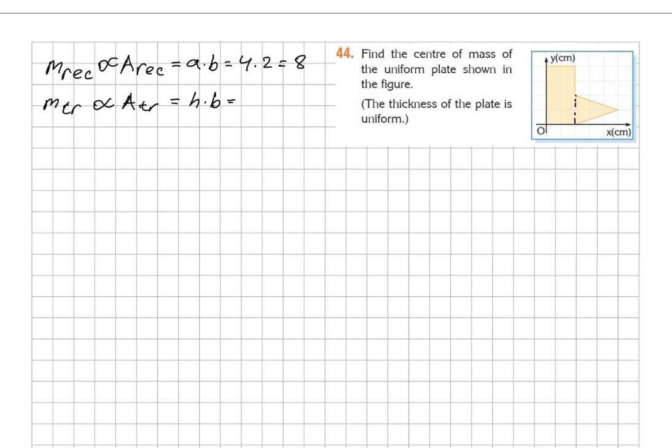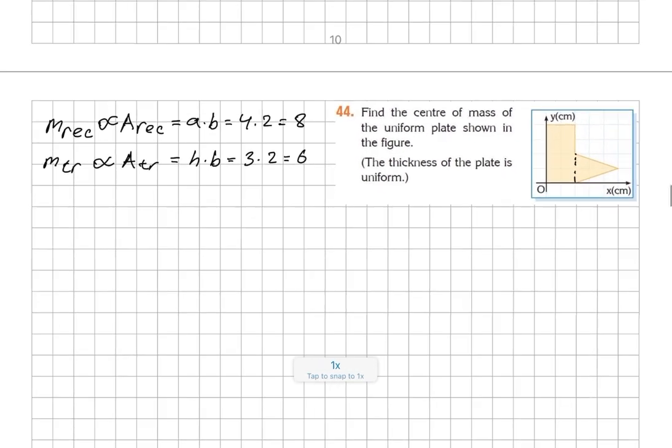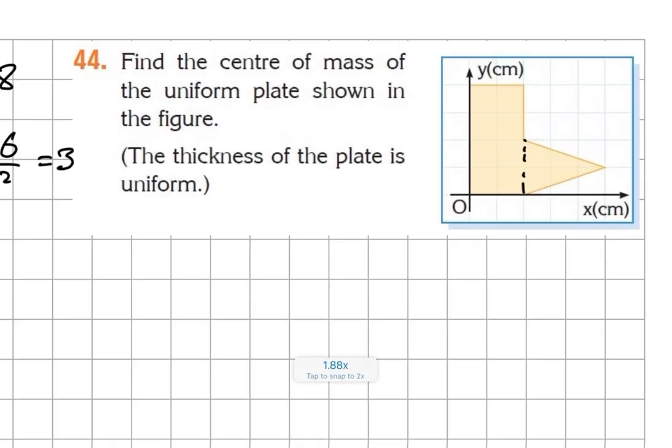So the height is 3 and the base is 2, which is equal to 6 centimeters squared. So I'm sorry, I forgot to divide it by 2. So it's equal to 3. And here also we know the masses, and now we have to find the center of mass of them.